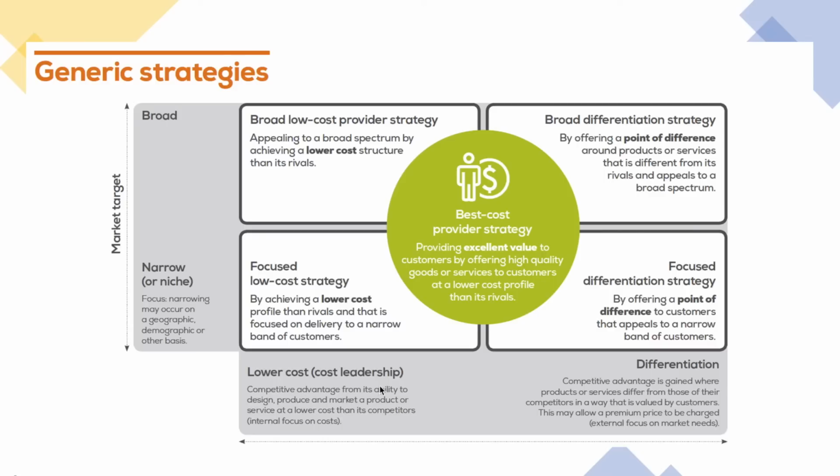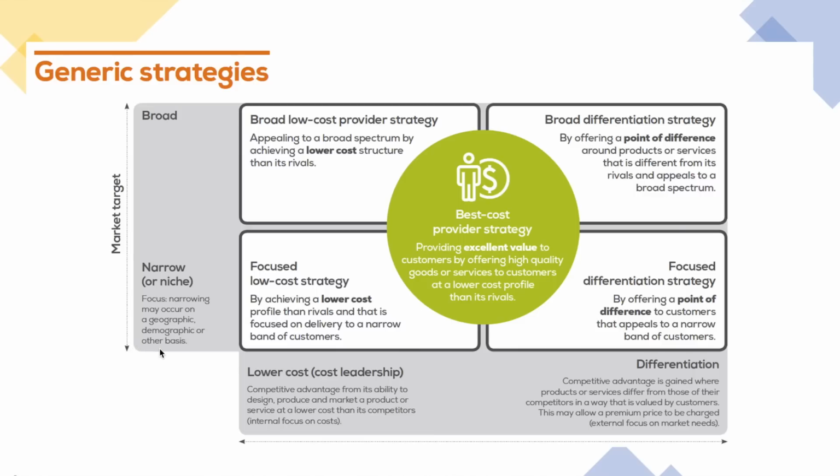Here, if you look at the x-axis and y-axis, in the x-axis you can see the lower cost leadership. So all these side things will be low cost leadership. And in this area on the x-axis, this will be differentiation. Now, if we see the y-axis, the downside is narrow or niche.